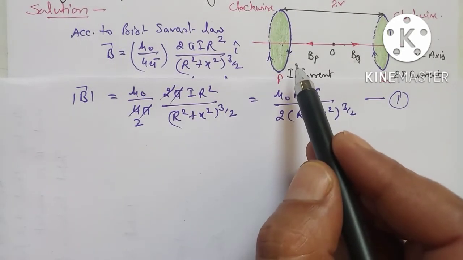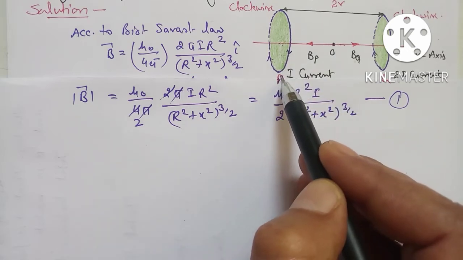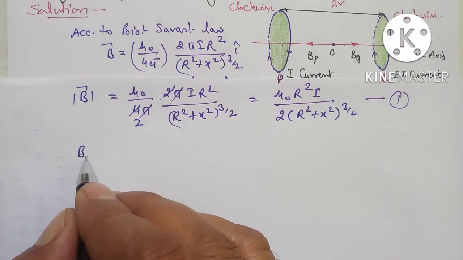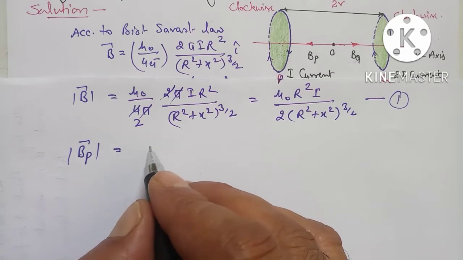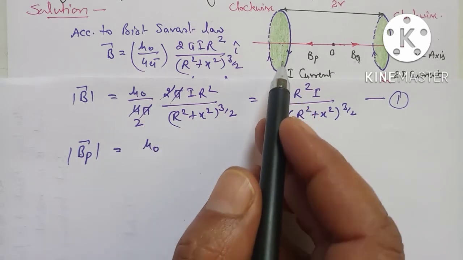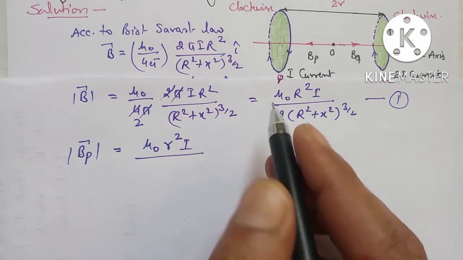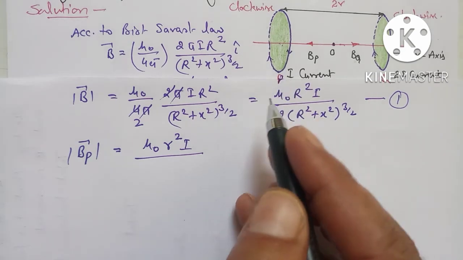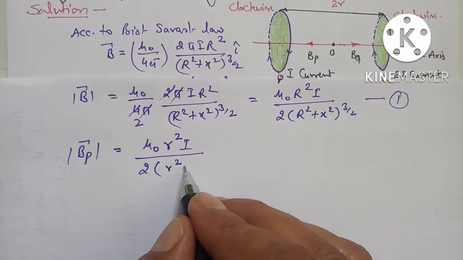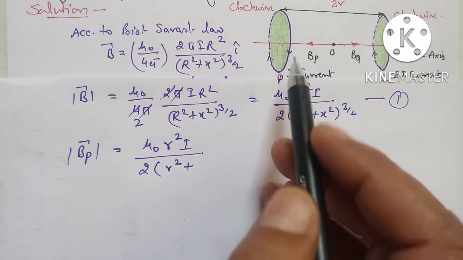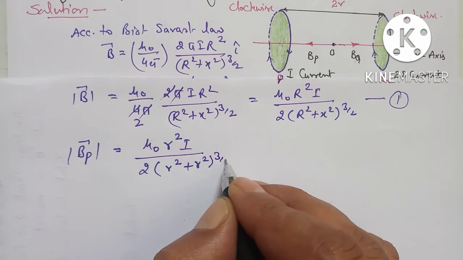Now we are going to calculate the magnetic field at O due to this circular coil P. Let us suppose it is BP. So the magnitude of BP vector equals mu naught, here the radius of the coil is r, so r square, I, since the current flowing through coil P is I, over 2 times (r square plus the distance of O from coil P, which is also r, so r square) raised to power 3 by 2.